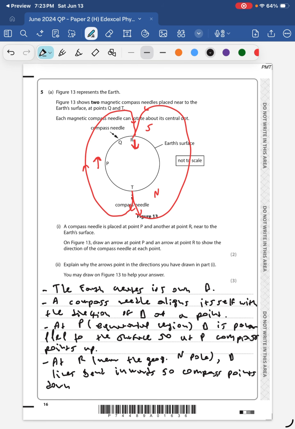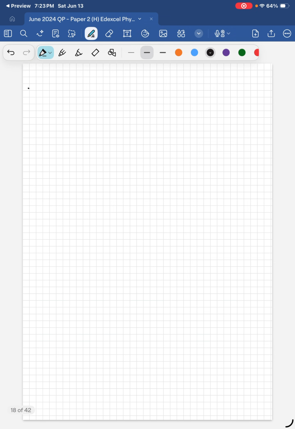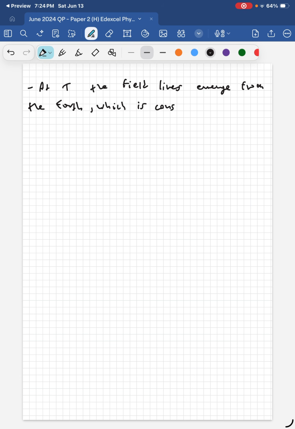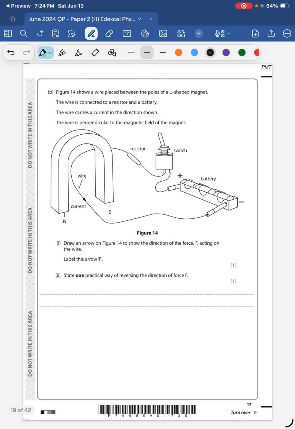I mean, this is all you have to explain, right? And let me create a clean page. So at T, the field lines emerge from the Earth, which is consistent with the arrow shown. Okay, let's move on.